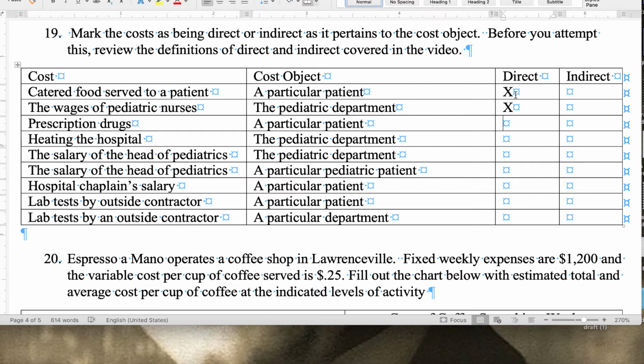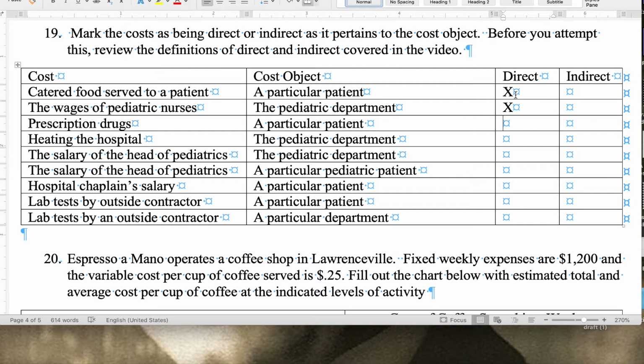The third one, prescription drugs. We need to identify if it's direct or indirect, the cost of prescription drugs to a particular patient. So we have to ask ourselves, can we easily and conveniently trace the cost of prescription drugs to each patient? We sure can.